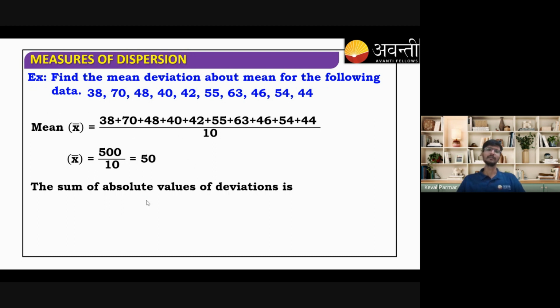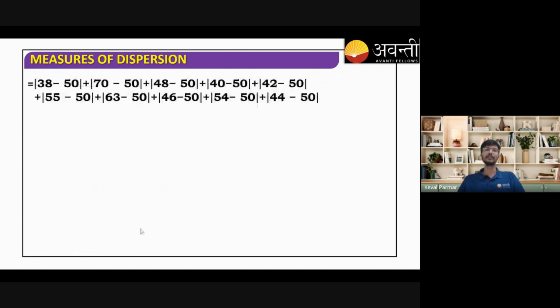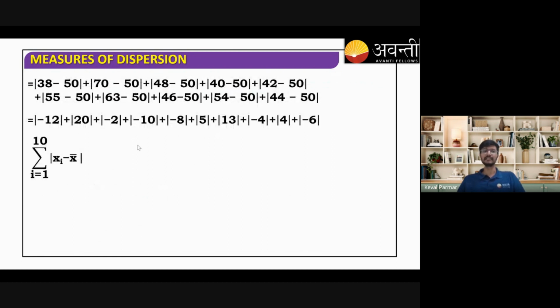The sum of absolute values of deviations. What does this mean? This is xi minus x bar. If we try to calculate it, this is what we get. Finally it comes to the value 84. What are we doing, guys?